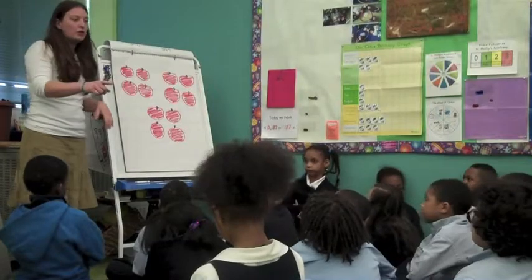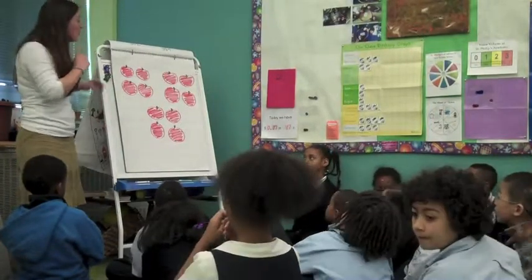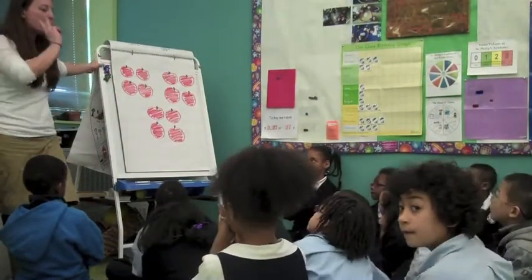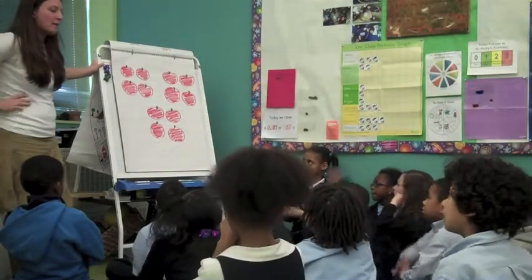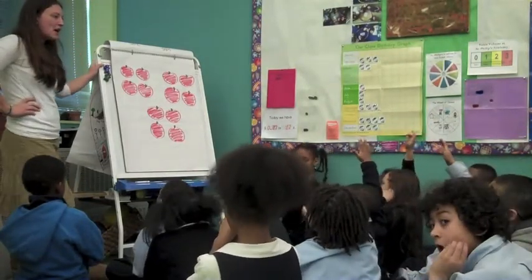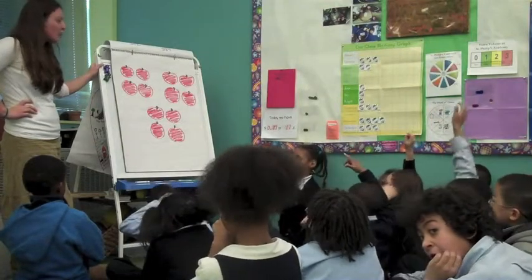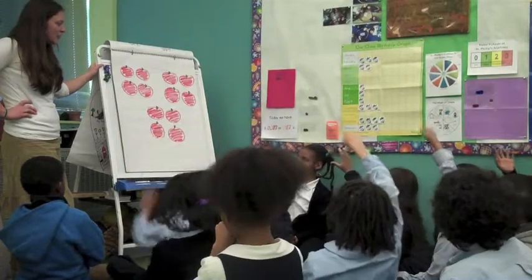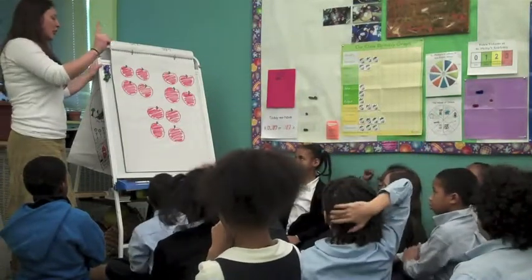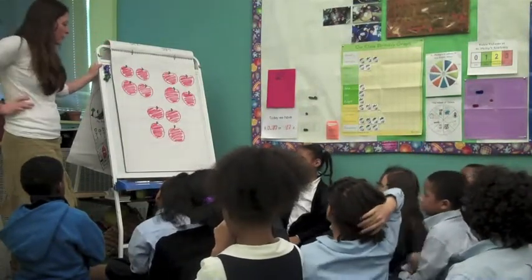I want you to see if you can put these 12 apples into 3 groups. How would you do that? Can anyone see 3 separate groups? Winter, you can see the groups? With your imaginary ink, can you circle one of the groups?